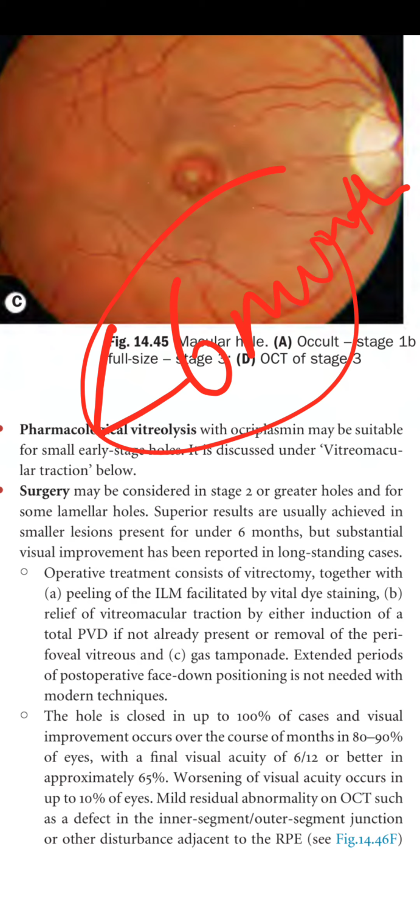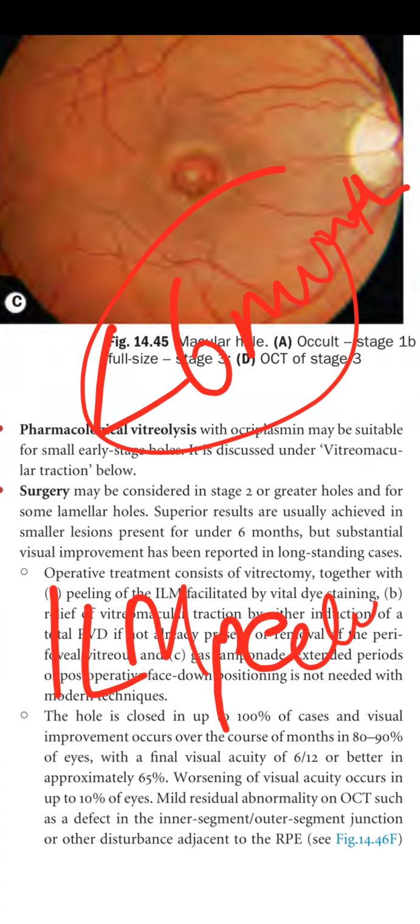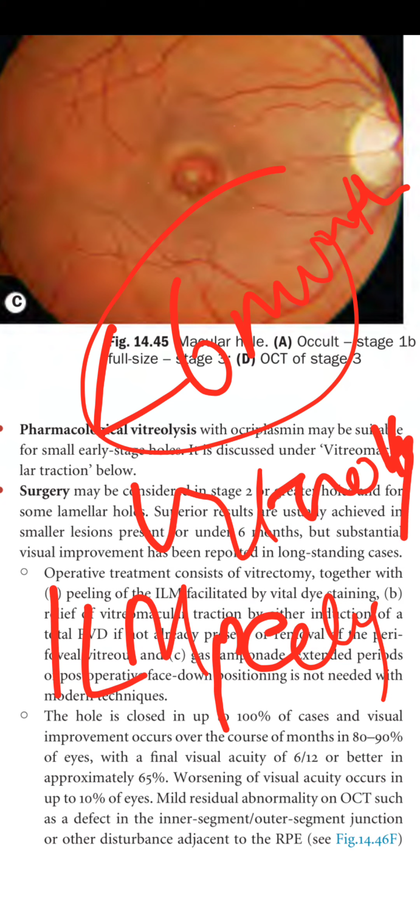Operative treatment consists of vitrectomy together with the peeling of ILM facilitated by vital dye staining, relief of vitreomacular traction by either induction of a total PVD if not already present, or removal of the perifoveal vitreous, and gas tamponade. So usually the procedure of choice is vitrectomy, ILM peeling, and then we do the gas tamponade.